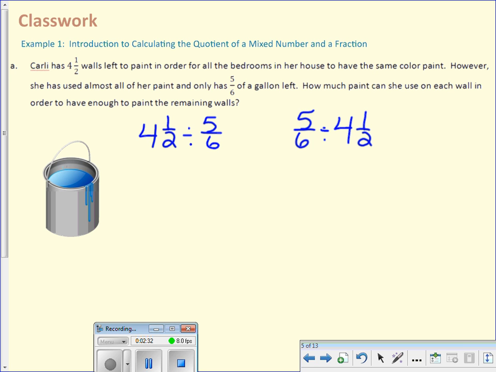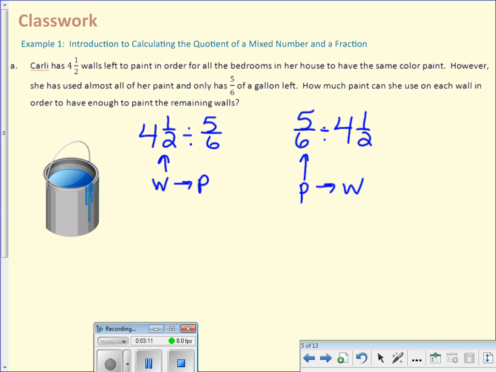Well, let's think about what it means. Remember, we said to use our visualization. What is it that she has that she's splitting into other groups? Does she have 4.5 walls that she's dividing into groups? Or does she have a can of paint that she's dividing into walls? Does she have walls that she's dividing into paint? Or does she have paint that she's separating into walls?